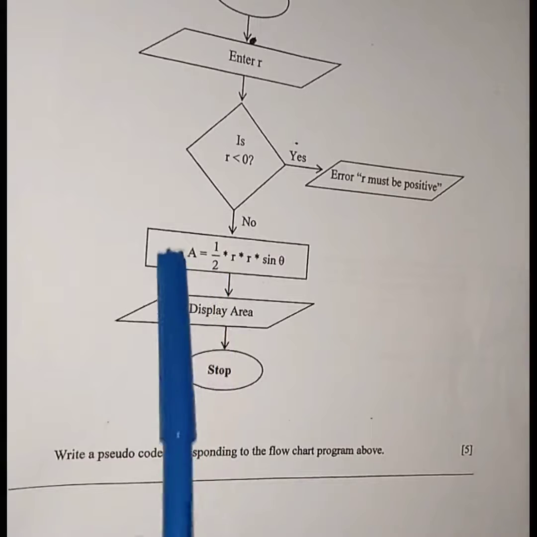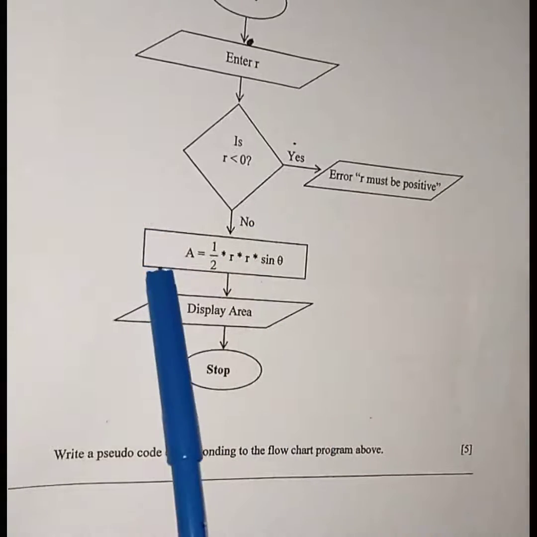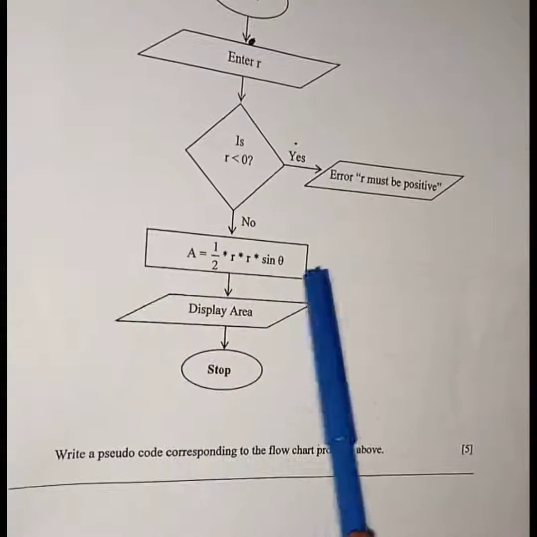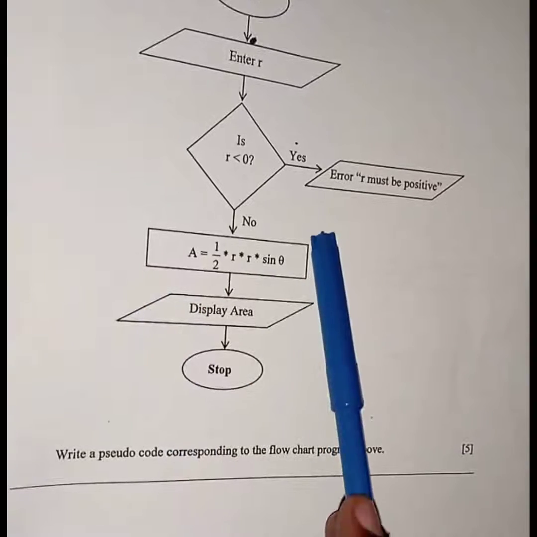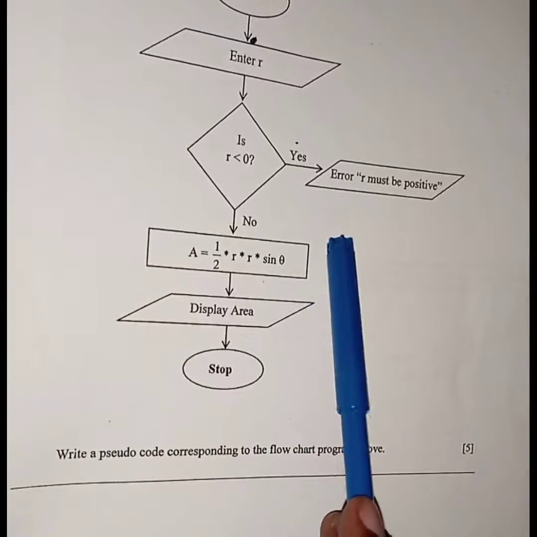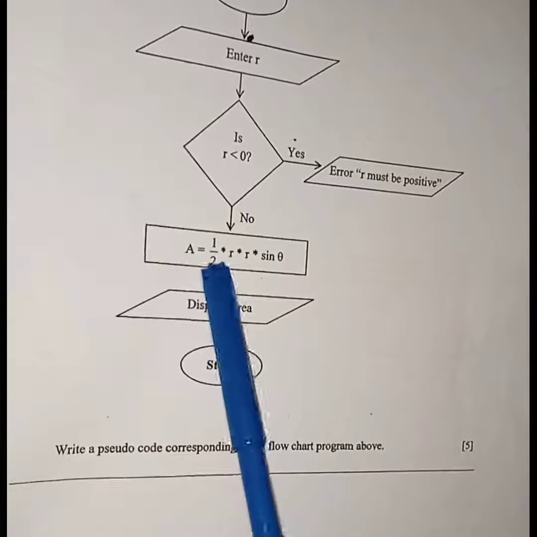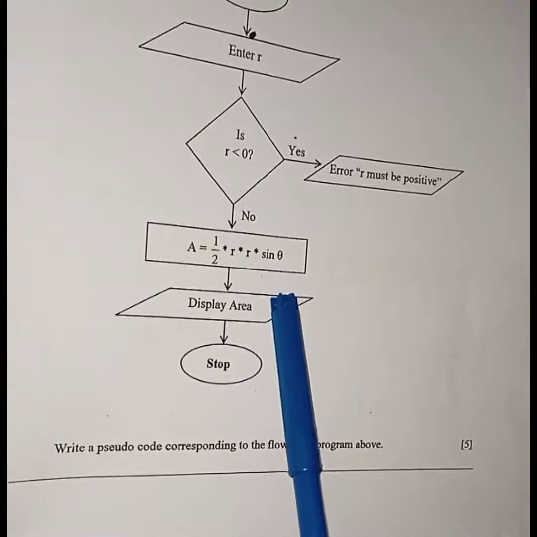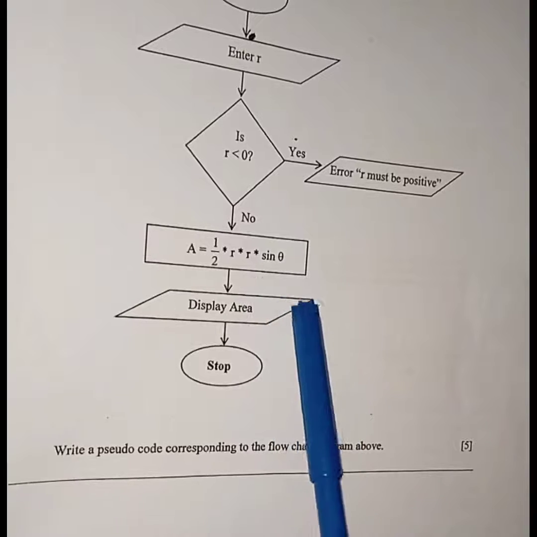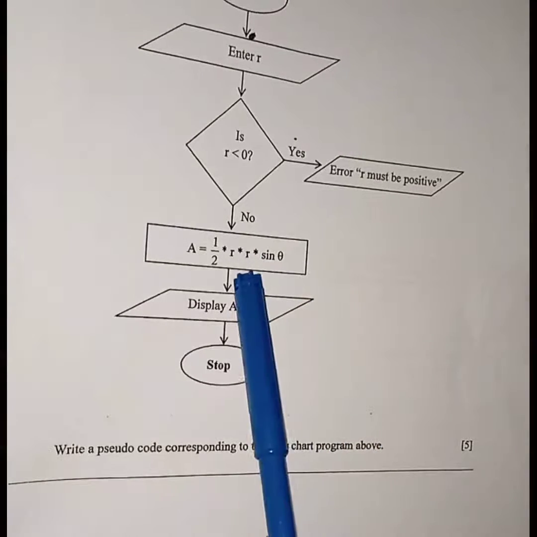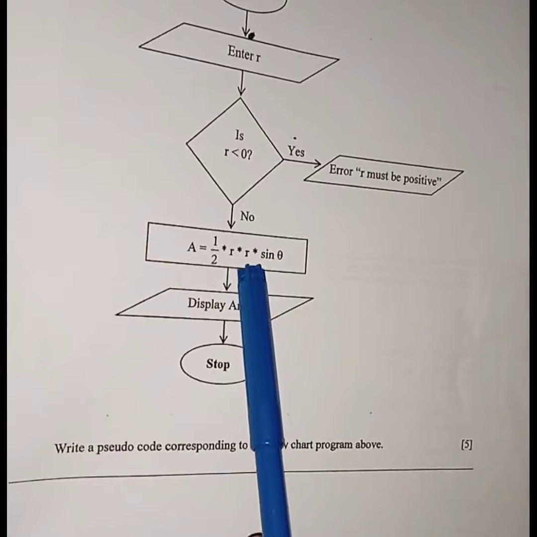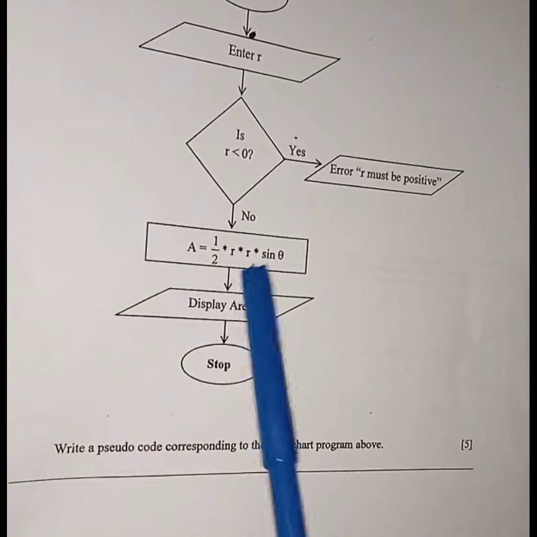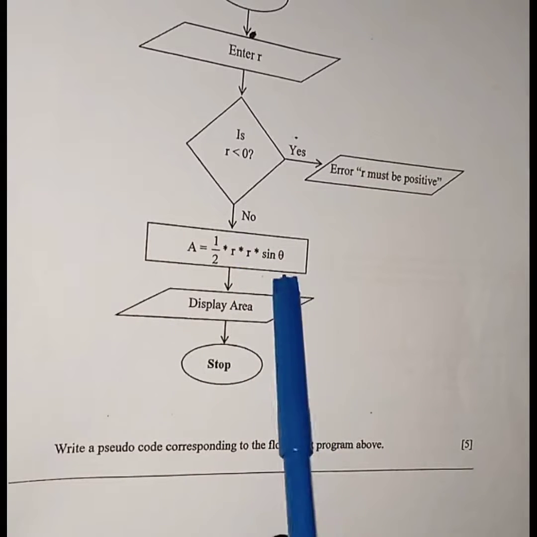For example, this is your process. Have you seen the formula inside it? Area is equal to half times r times sine theta. So this is what you're supposed to do when they give you a process. You can easily remember it as a rectangle.